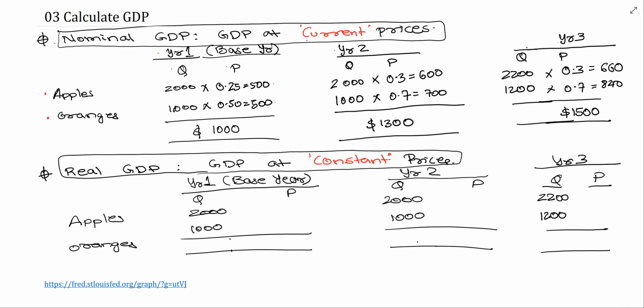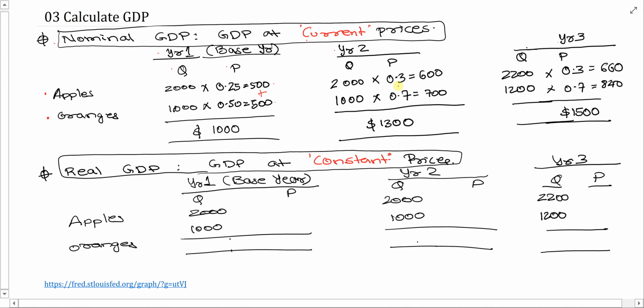But GDP is the aggregate of all final goods and services produced. So these are final goods and services produced, and the aggregate, or the sum total, of the two is the meaning of GDP. So 1000 is the GDP, and you do the same operations in year 2.